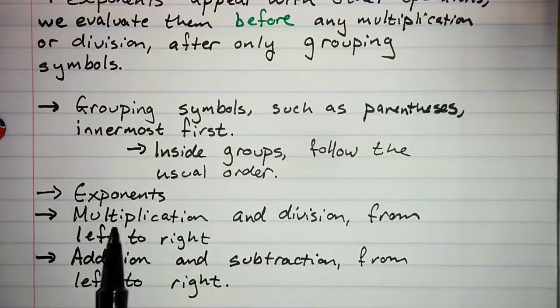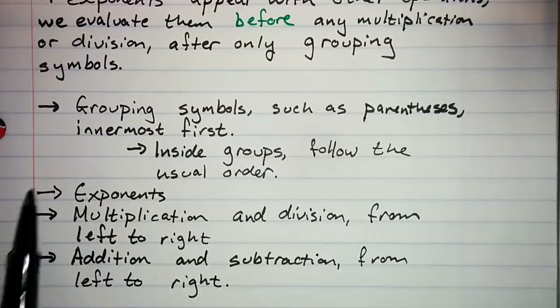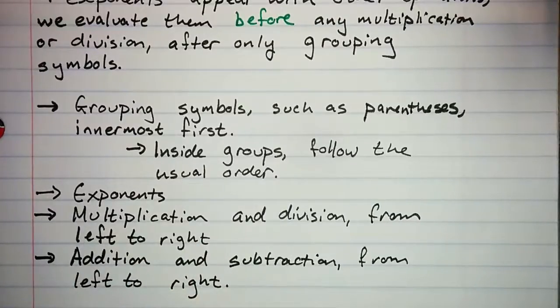Exponentiation is repeated multiplication. So it makes sense that we would have kind of an escalating order from one to the next. And of course, grouping symbols being first, that's what they're for. They're telling us to violate the usual order and do this thing first.